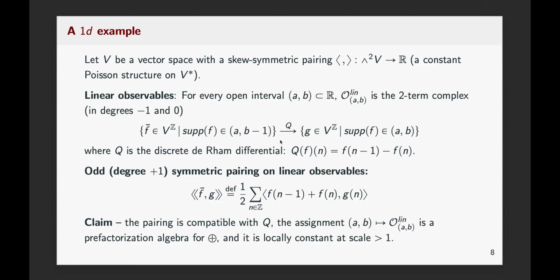All right, and then there's a degree +1 pairing that's defined on these observables. The choice of the formula doesn't matter so much. It's just that it's a derived bracket.